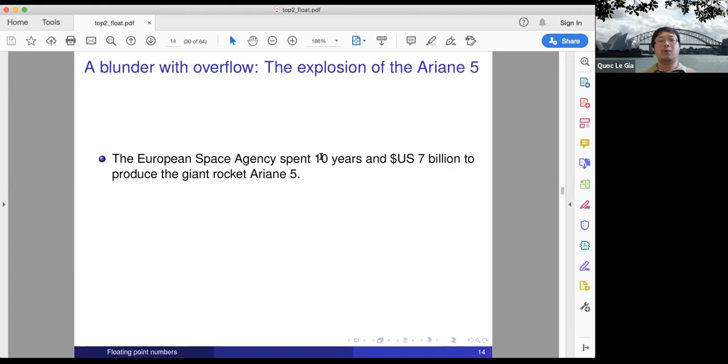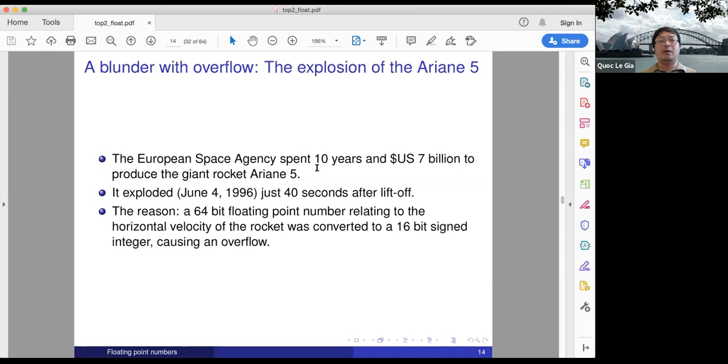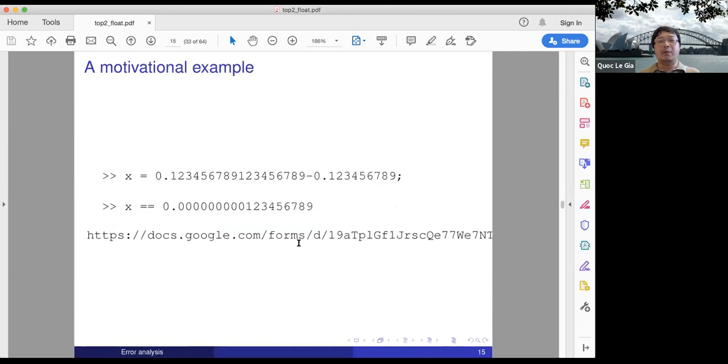This one explains why the rocket exploded. There are some very simple problems that people just ignore and then it explodes. It cost them billions of dollars. So we have to be careful.